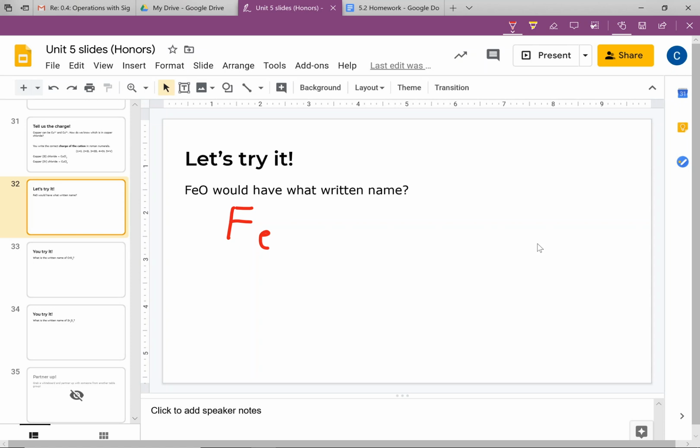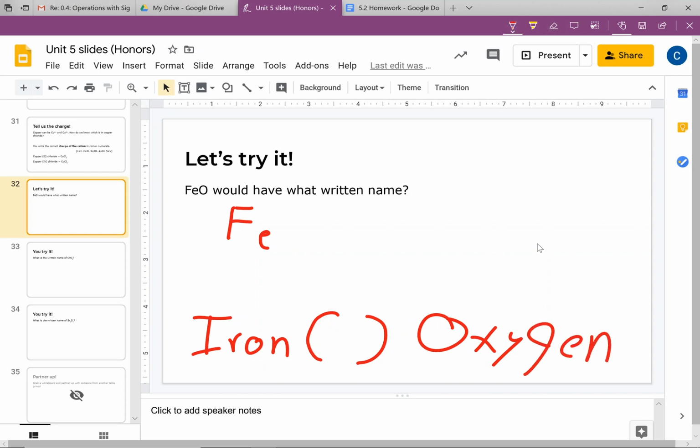And I want to write out the symbol here, because I'm trying to figure out what charge we have, right? I know this is a transition metal, so I know we need our parentheses. And then I know that we have oxygen as well. Okay, so this is Fe and O.